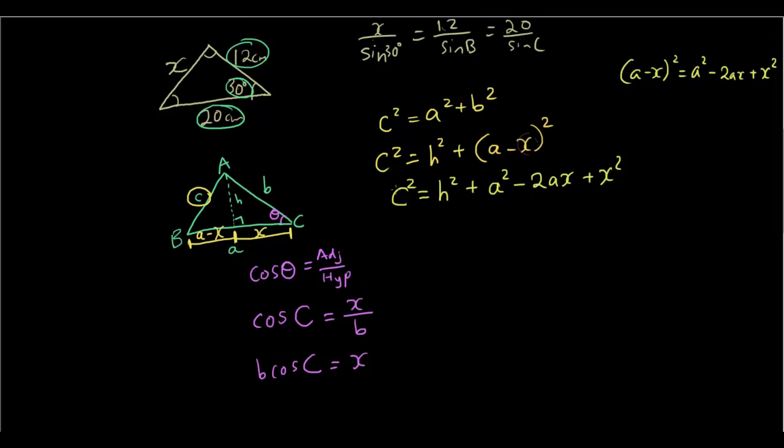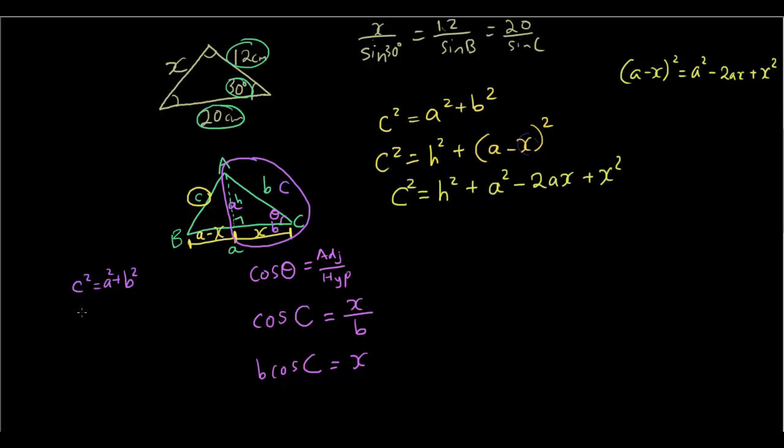And notice how in this triangle here, the right angle triangle on the right, we can also use Pythagoras theorem. So c squared equals a squared plus b squared. Let's say this side is a, this side is b, this side is c.